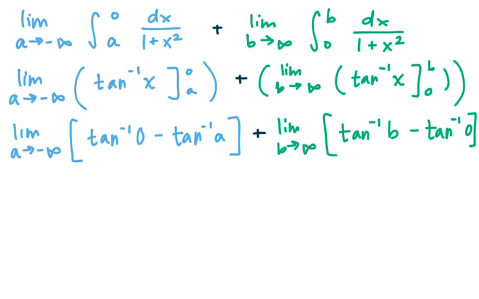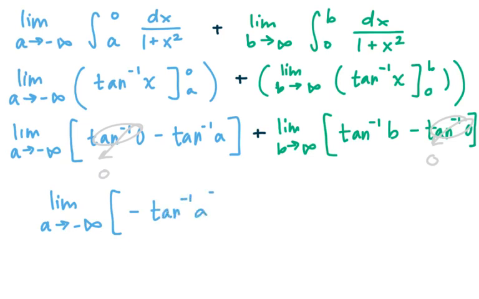Tangent inverse of 0, both of those values are going to go to 0. So I'm dealing with the limit as a approaches negative infinity of negative tangent inverse of a plus the limit as b approaches positive infinity of tangent inverse of b.